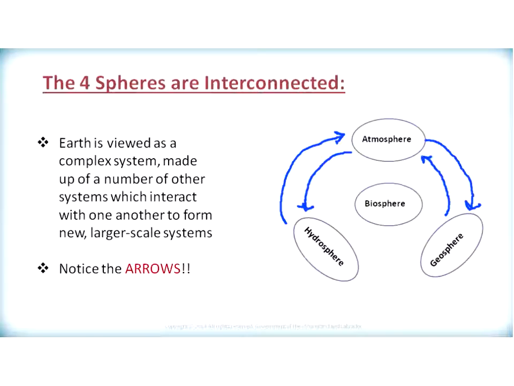Hydrosphere closely connected to the geosphere. And the geosphere is closely connected to the hydrosphere. The biosphere would show connections to all three of these spheres. And these arrows indicate the close interconnection of all four spheres.